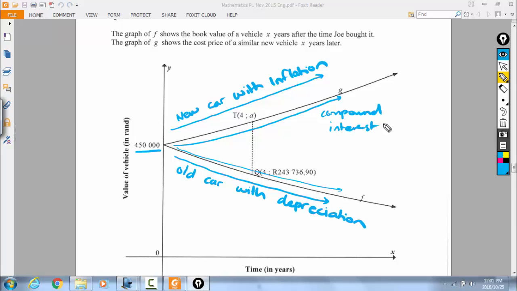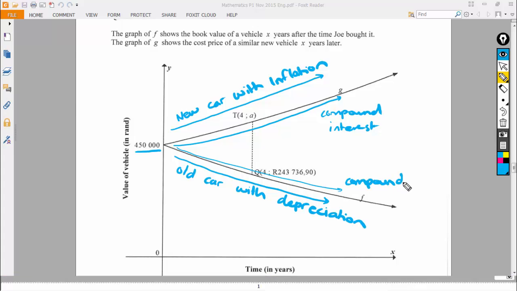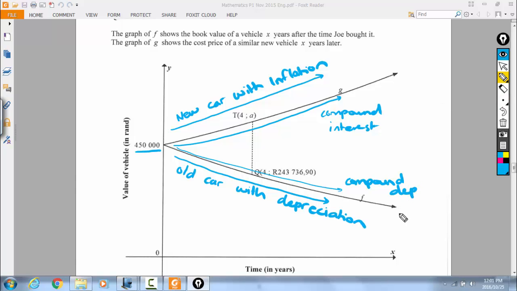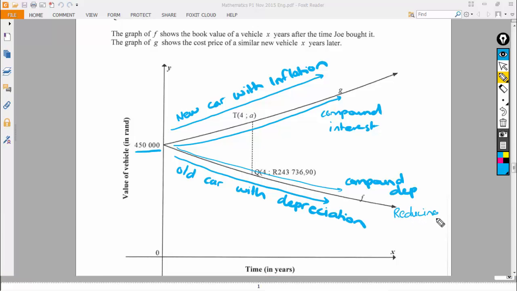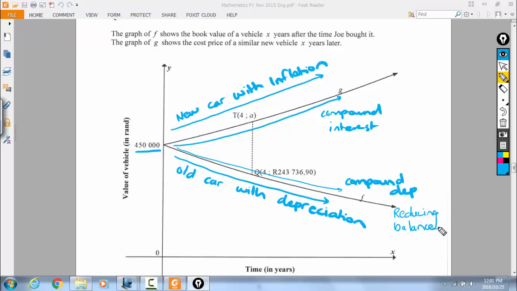Inflation is always compound interest, and this is compound depreciation, and that means on reducing balance. Okay, and that's it really in terms of explaining the graph.